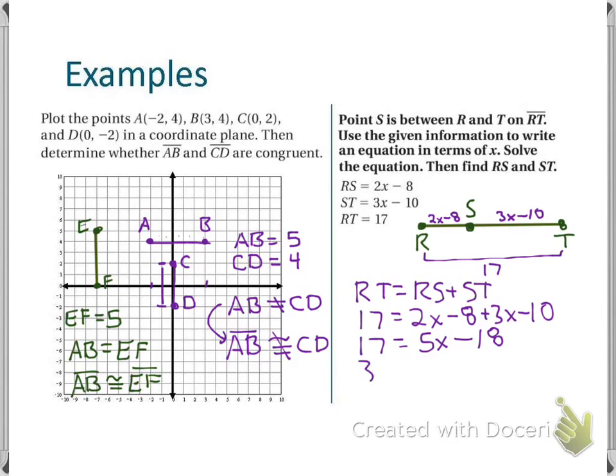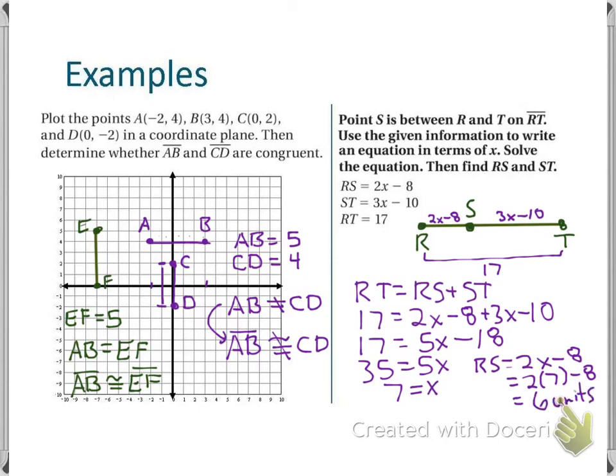We add 18 to both sides and we get 35 equals 5x. So x is 7. Now we have to solve for each part. RS is 2x minus 8. We plug in the 7. And it looks like 14 minus 8, which is 6 units.